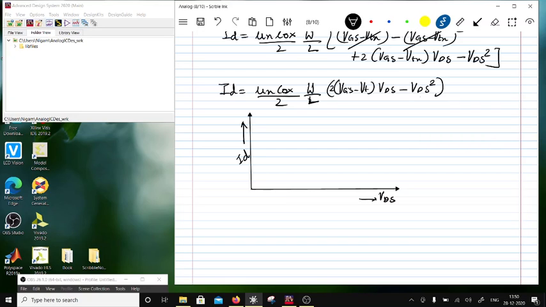So at very low values of VDS, Id and VDS are linear functions, so it will grow linearly and then it will become parabolic in nature, and at a certain point the pinch off occurs.